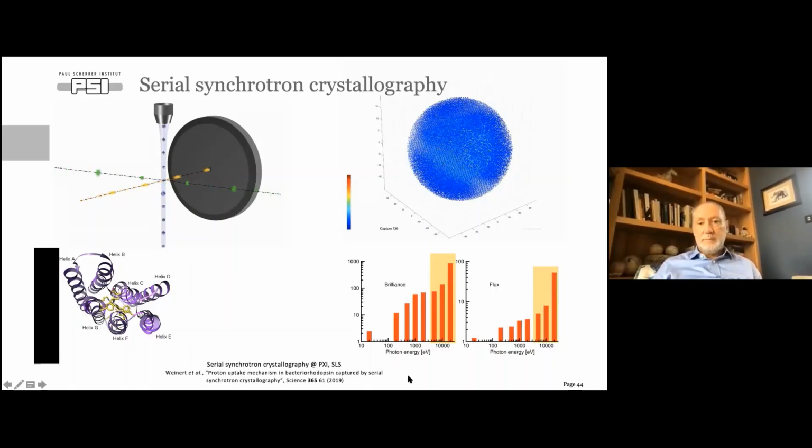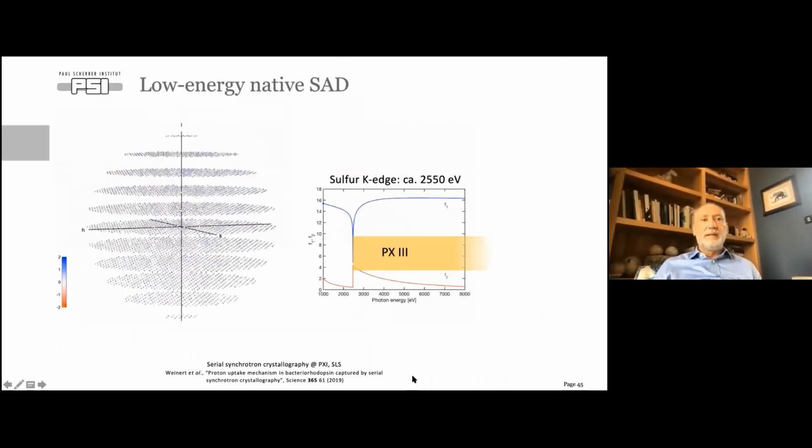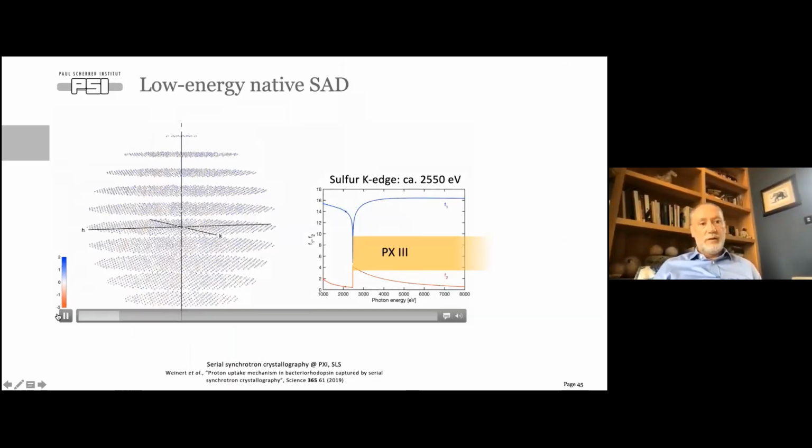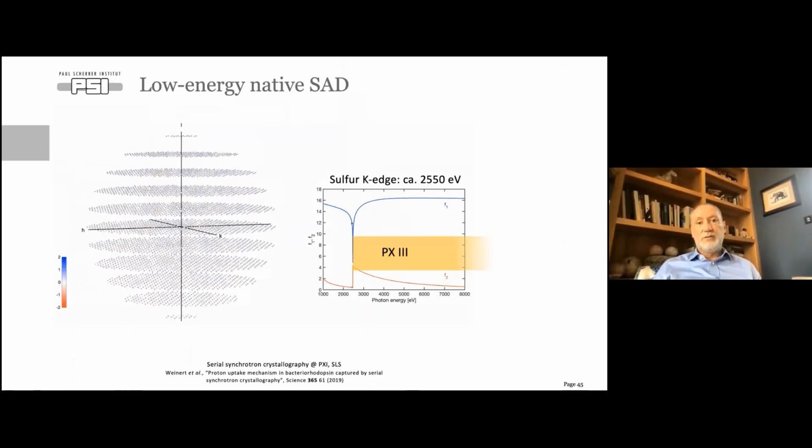And finally, something a little bit about low energy native SAD. This is basically the anomalous signal between Friedel pairs between -200% and +200%. And one sees that we're exactly at the edge, and we're coming up to it here. If we look at the spot on the right, we get very large anomalous patterns indeed.